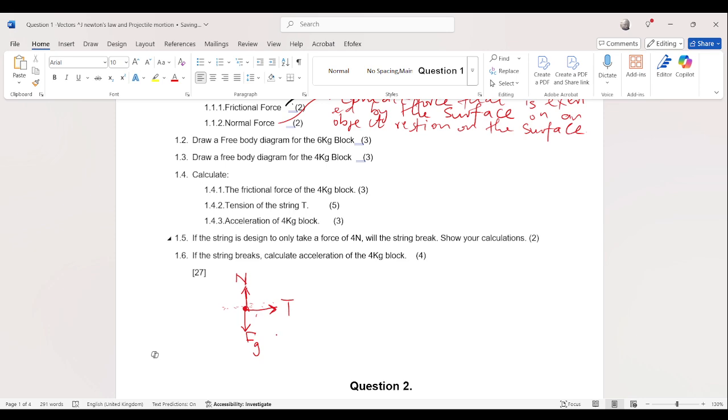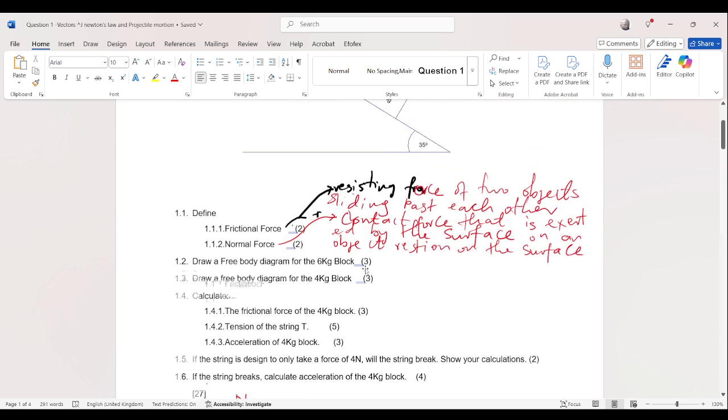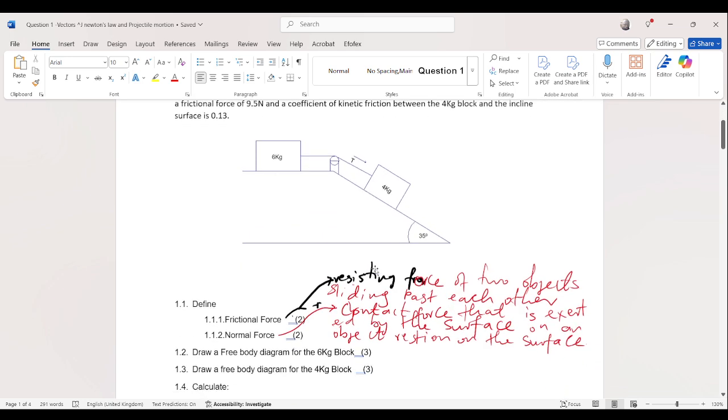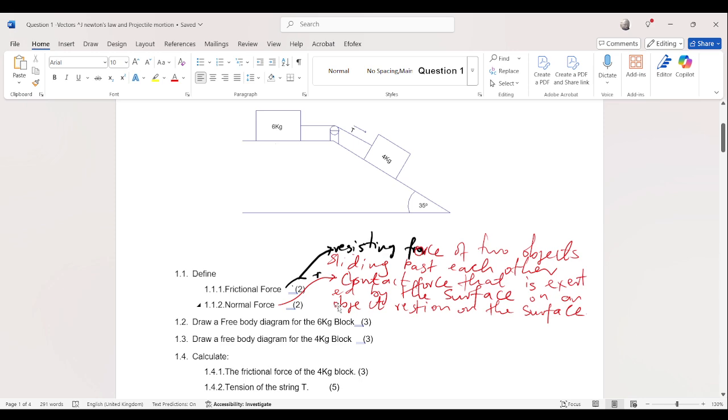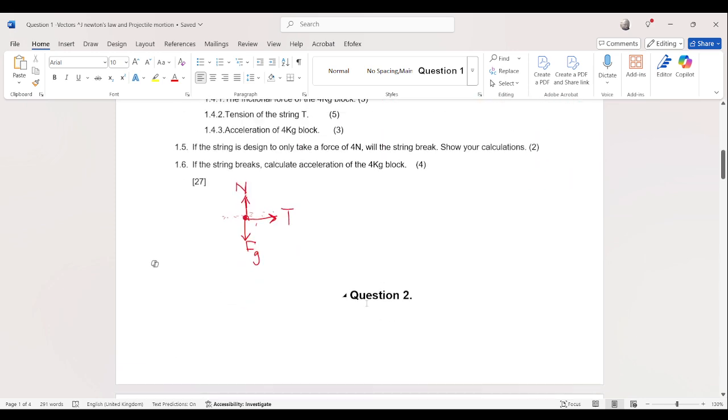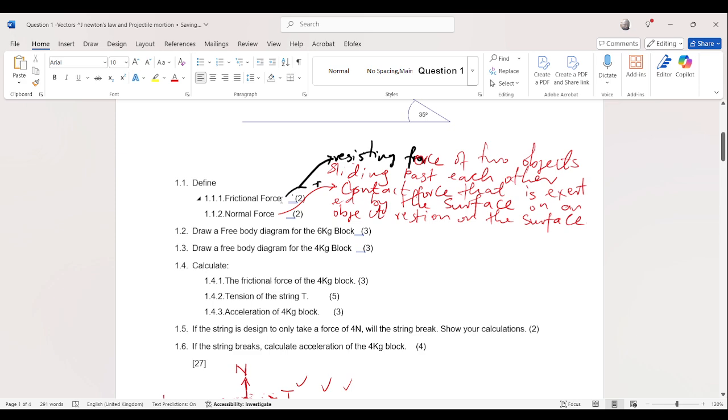Okay. Now, if you draw that free body diagram, you're getting all your 3 marks. That's 1 point, what number is it? 1.2.